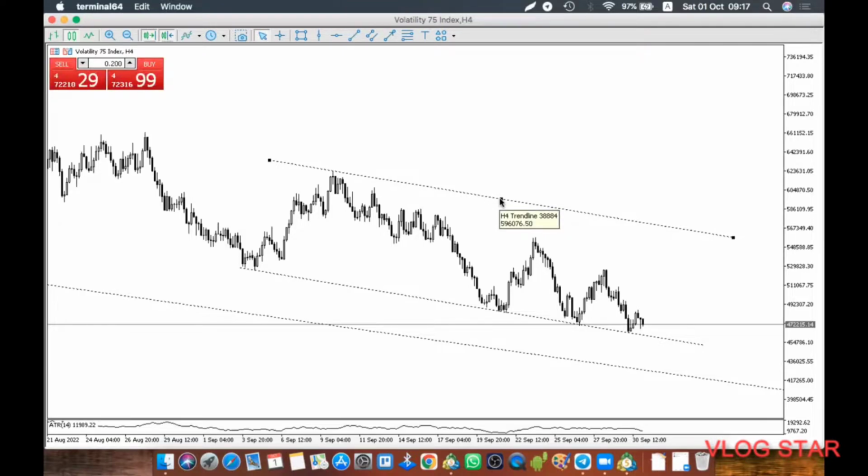So what you're looking at now is the market that is getting exhausted here. So we've got this area. Market has reached the trend line support.